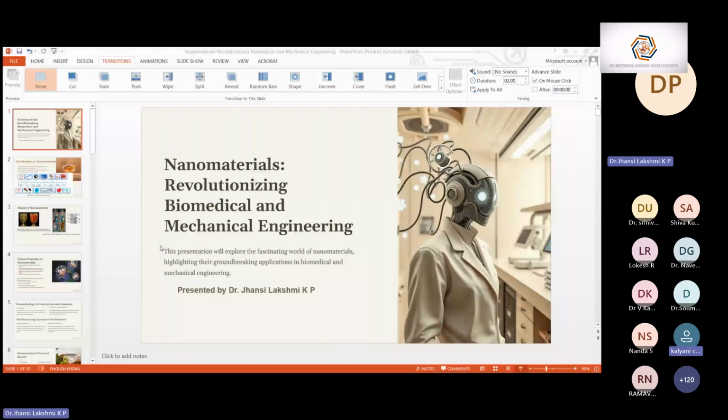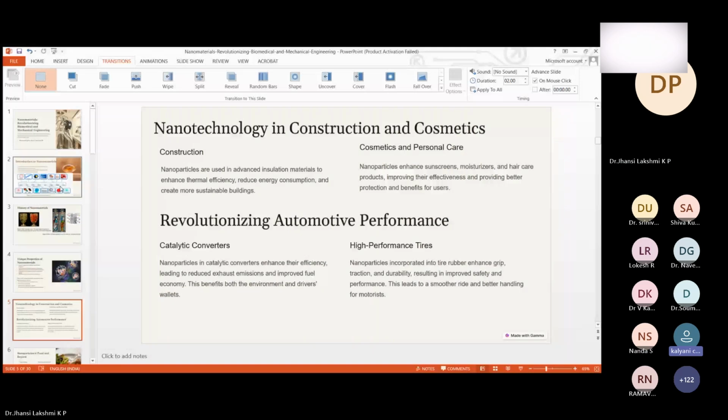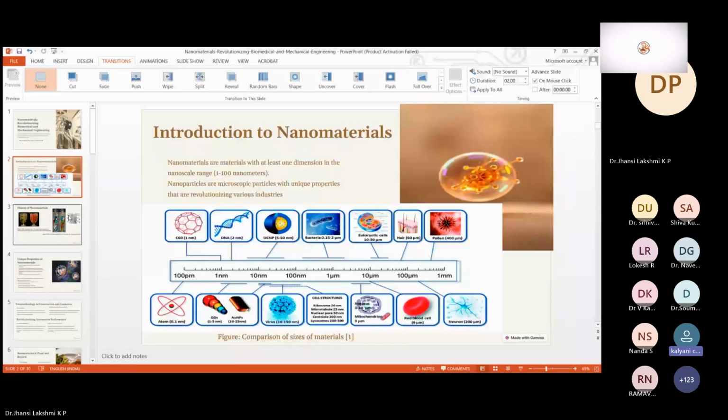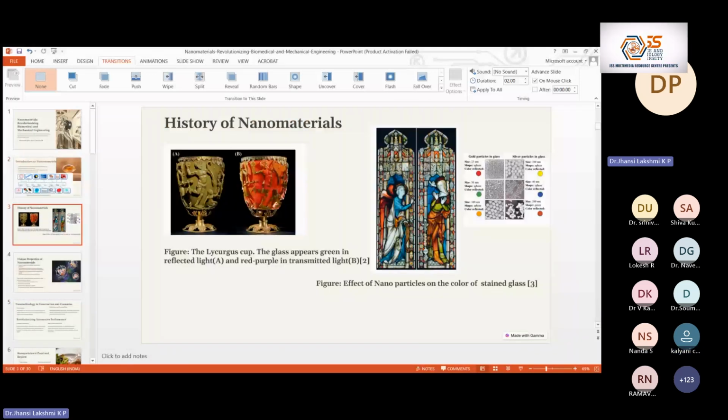Excuse me, ma'am, the slides are not changing. Which slide are you able to see now? Only the starting one, "Nanomaterials revolutionizing biomedical and mechanical engineering." I have already changed three to four slides. Why is this happening? Maybe you're not in presentation mode. How do I change the presentation mode?